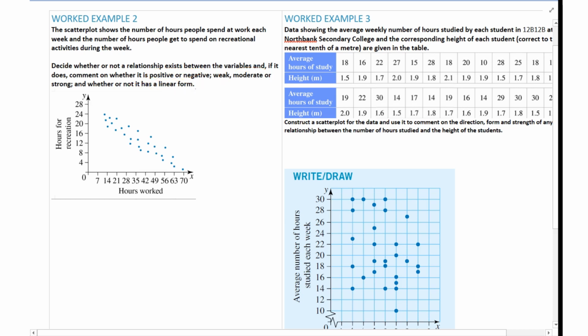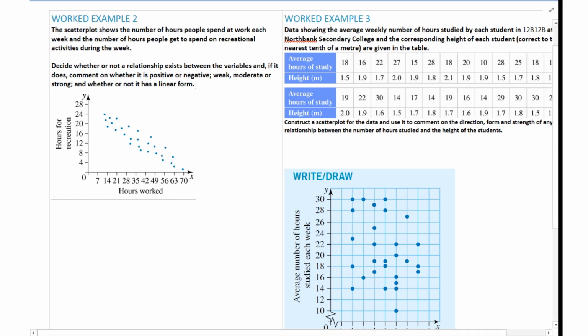When we look at this, what it's basically showing us is that as we increase the number of hours worked, we actually get less time for recreation, which is not exactly surprising. So that's the pattern we can start to see. This comes to, is it positive or negative?